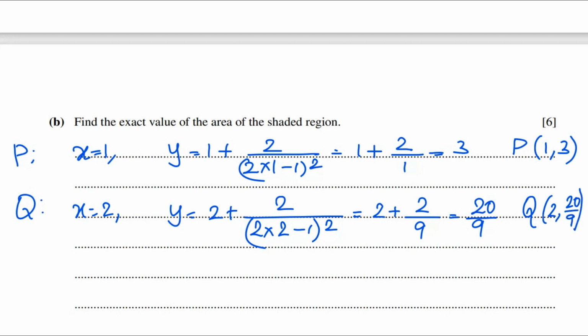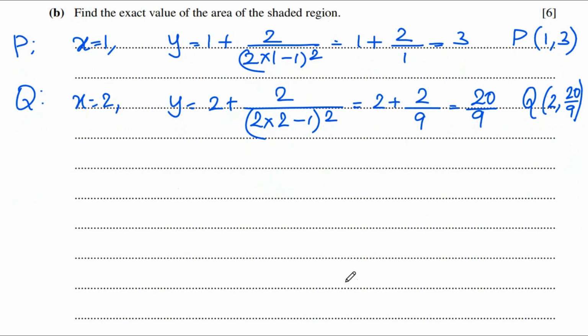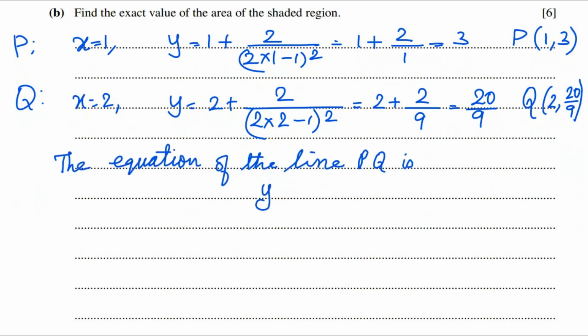Now we know P and Q values. Then let's write the equation of the line PQ. Y minus y1. We will take the y1 value as 3. Y minus 3 equals m times (x minus x1), which is 1. First, let's find out what the gradient is.